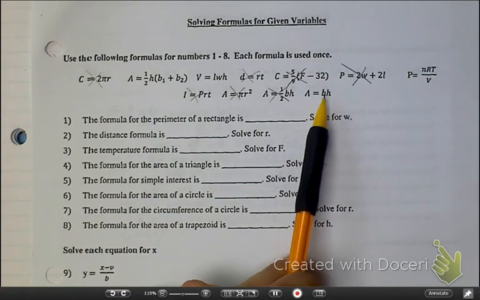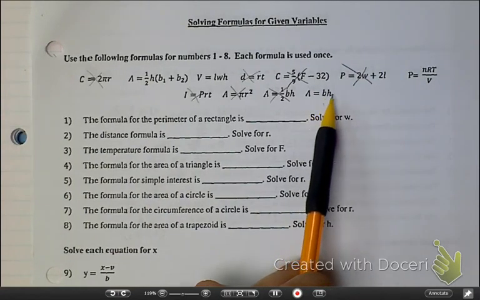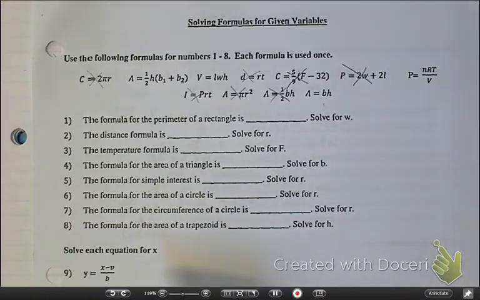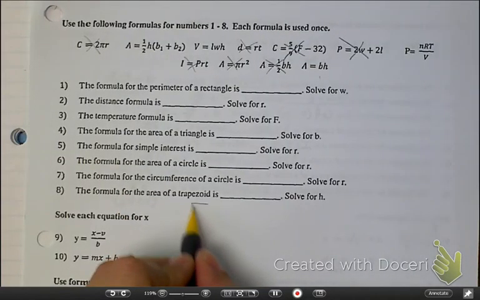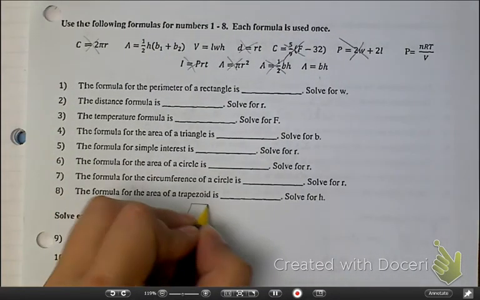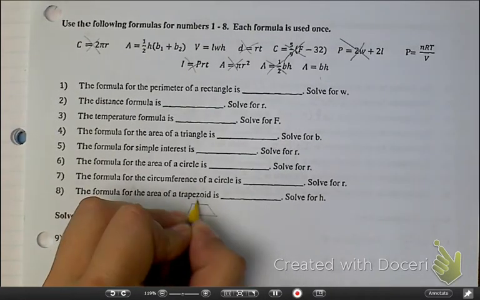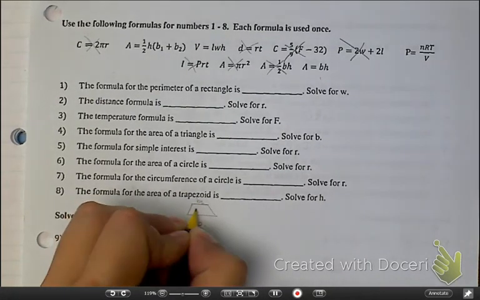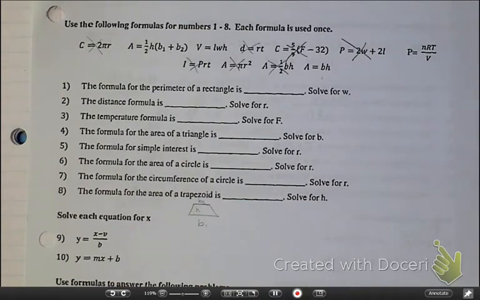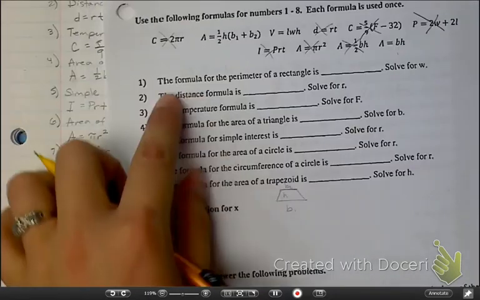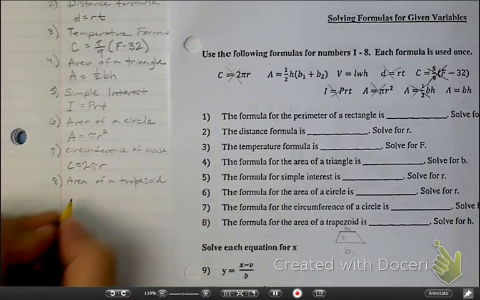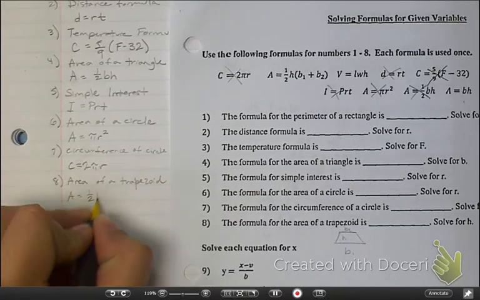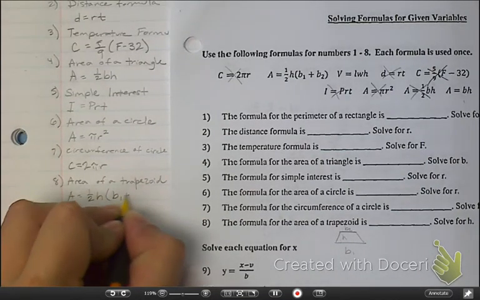But remember, we said that B times H, base times height, sounds more like a rectangle. And if you remember what a trapezoid looks like, it looks something like this. It has 2 bases, and it has a height. So therefore, this one up here at the top must be our area of a trapezoid. Area equals 1/2 height times base 1 plus base 2.